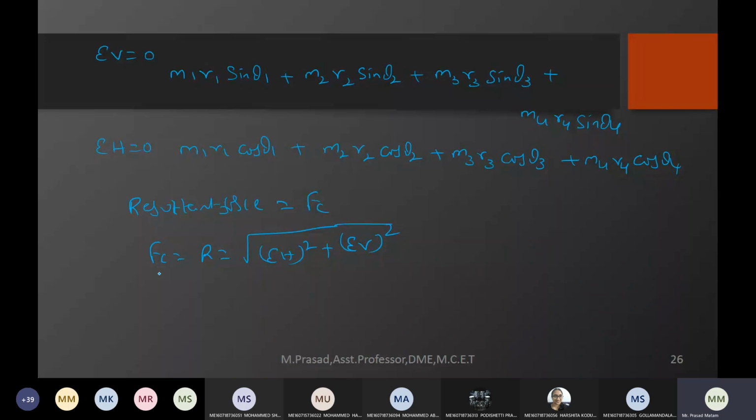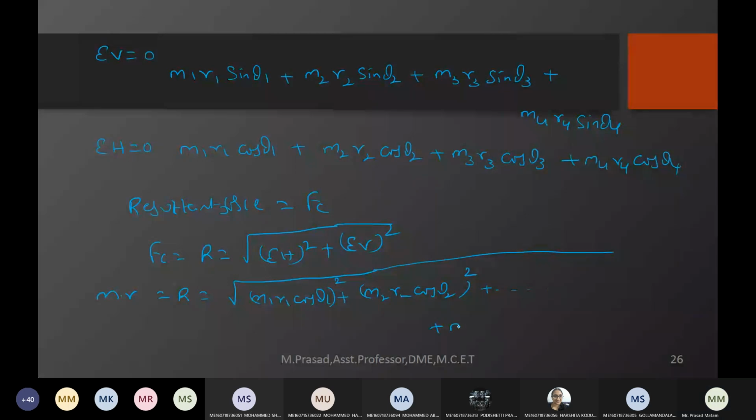So from this Fc, I can get the m into r value. I can write Fc is nothing but m r. For the horizontal forces, m1 r1 cos theta 1, m2 r2 cos theta 2, whole squared, plus so on.